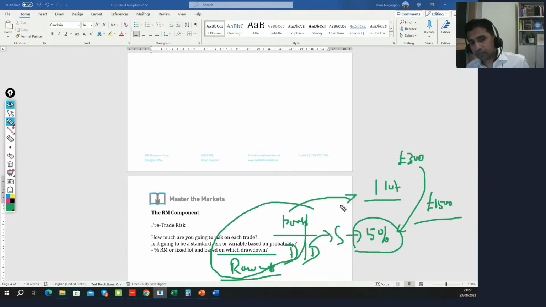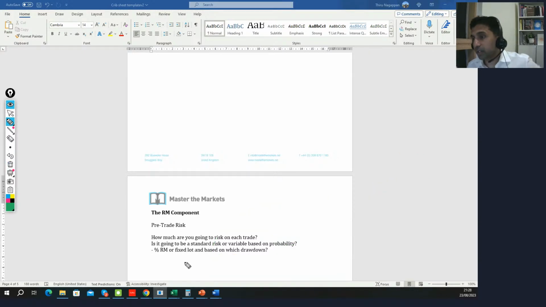You're doing all this so that you're pre-warning yourself and preconditioning your mind so that you don't get shocked when you go through those drawdowns. Whatever you choose, keep it consistent. It's very important. So on standard risk, you can do percentage or fixed lot, and you base it on your drawdown.